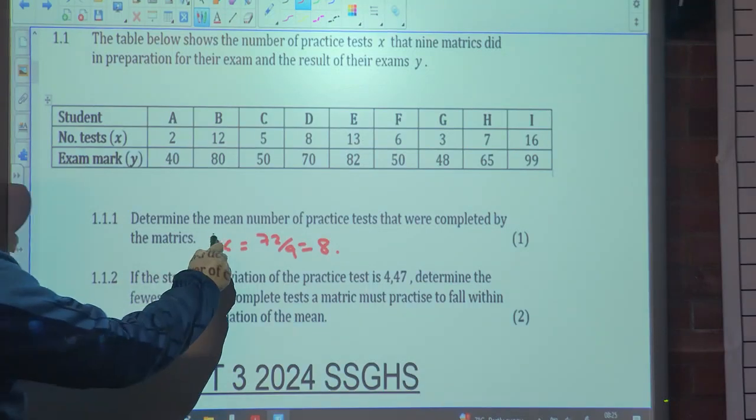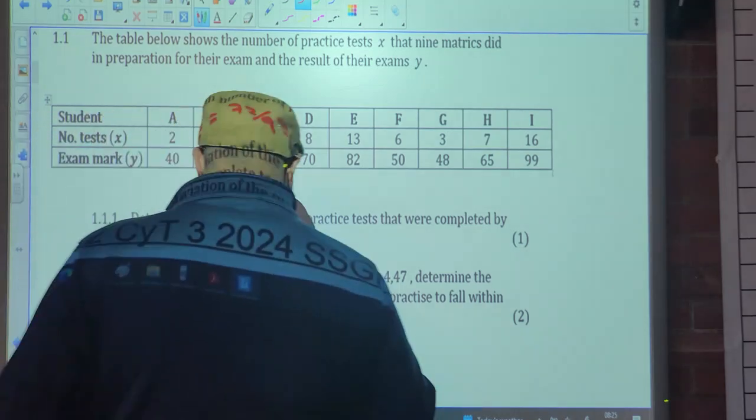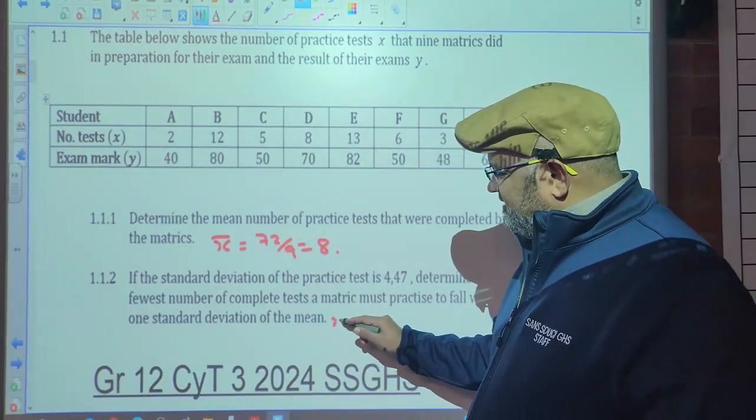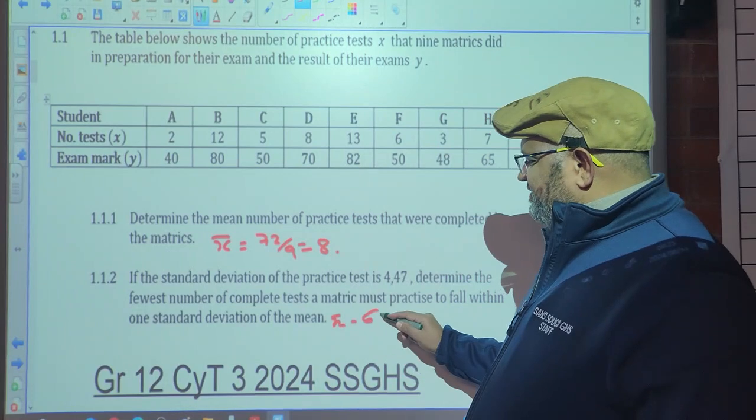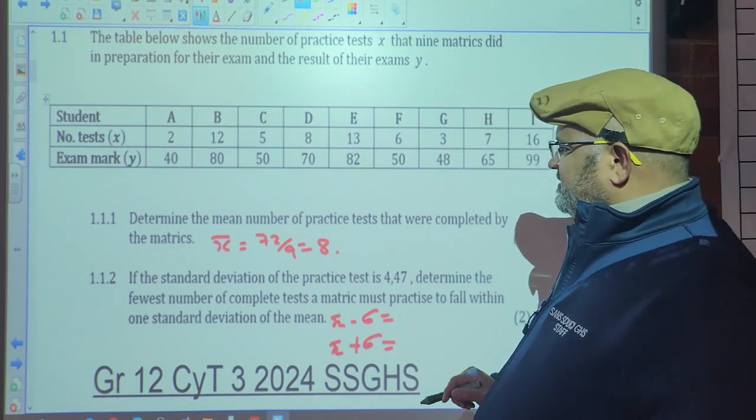Then we are told if the standard deviation of the practice test is 4,47, determine the fewest number of complete tests a matric must practice to fall within one standard deviation of the mean. Must fall within one standard deviation of the mean. What you do is you say your mean minus your standard deviation and your mean plus your standard deviation.